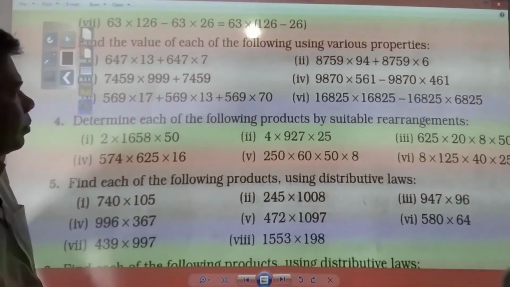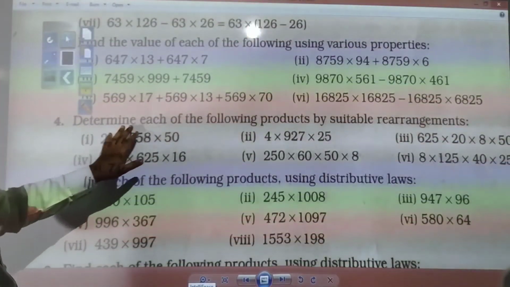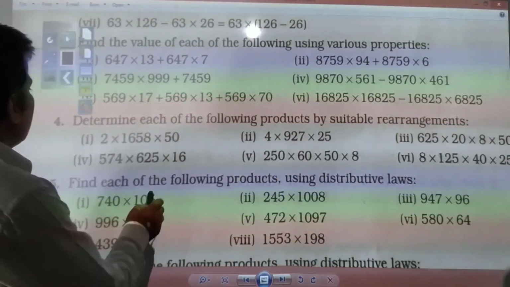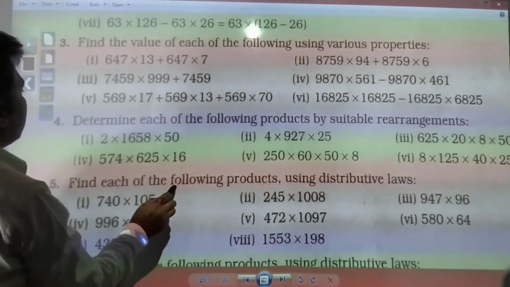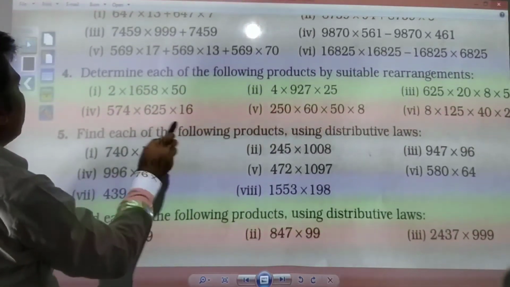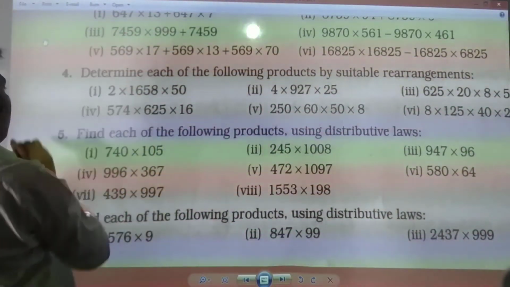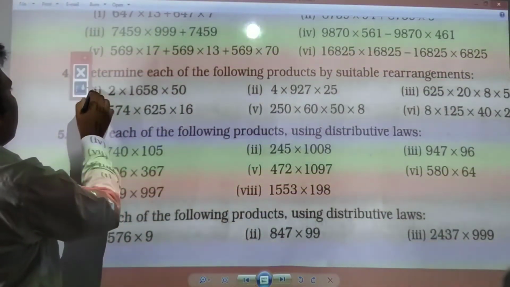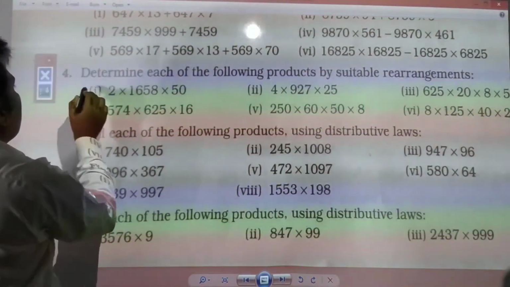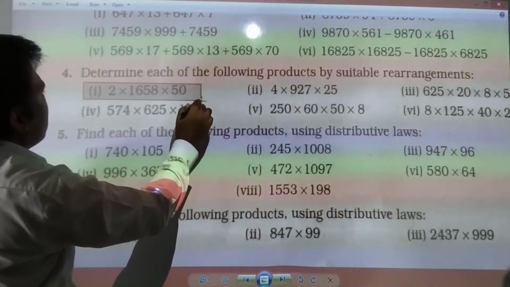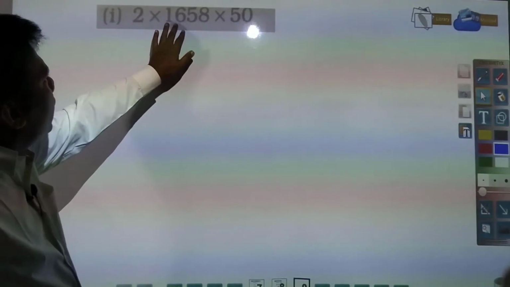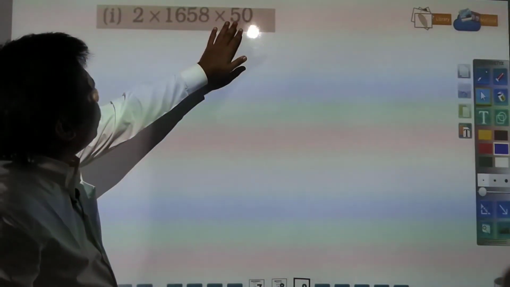Next we have: determine each of the following products by suitable rearrangement. So we need to rearrange this first, and then find the product. First question, you have 2 into 1658 into 50.